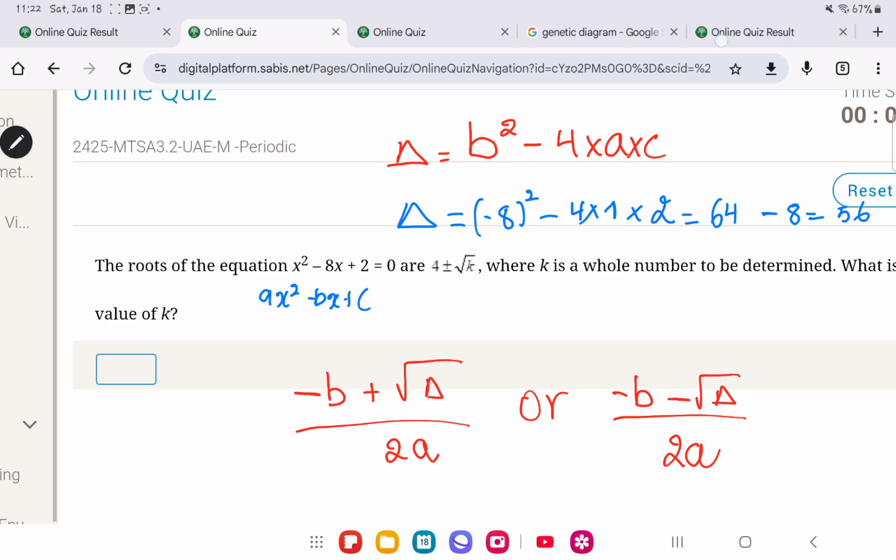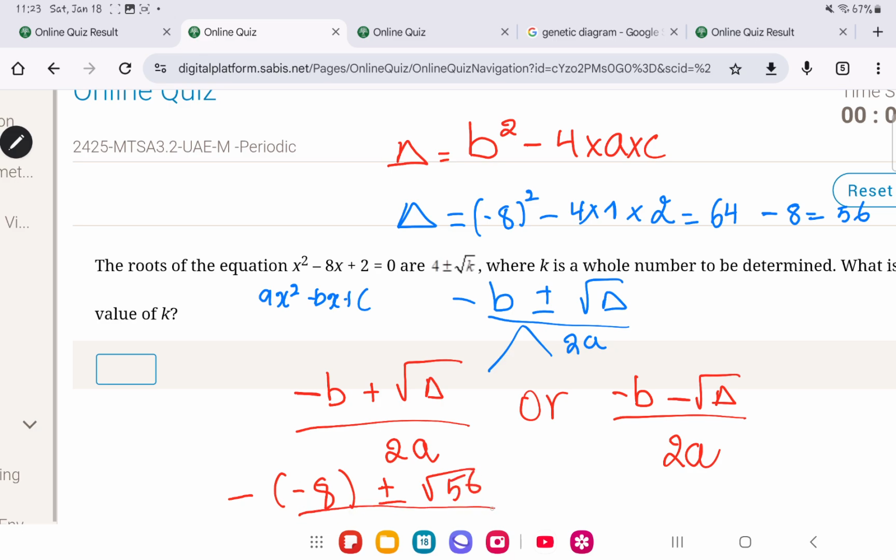So you can either represent it like this or as one, which is minus b plus or minus radical delta over 2a. So in this case, our b is what? Minus 8. So it's going to be minus of minus 8 plus or minus radical delta, which in this case is 56, over 2 times a, which is 2 times 1.